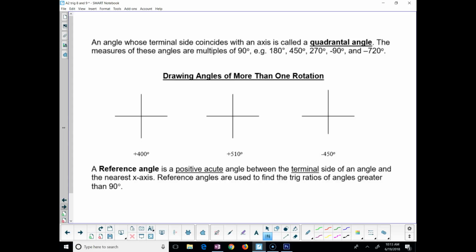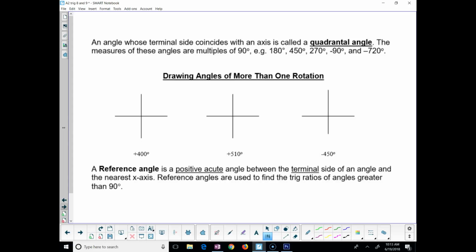Now, the next thing is we're going to talk about angles of more than one rotation. You can turn more than 360 degrees in your life. Think about it, 720, 1080. All I can think of is snowboarding moves. If you go 360 degrees, didn't you get back to where you started? Theoretically, you're coterminal to an angle that's 0. Just take a look at this one right here.